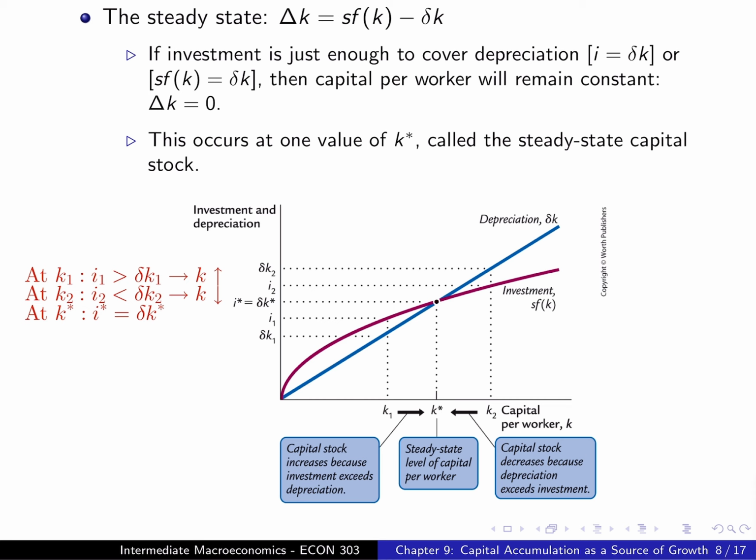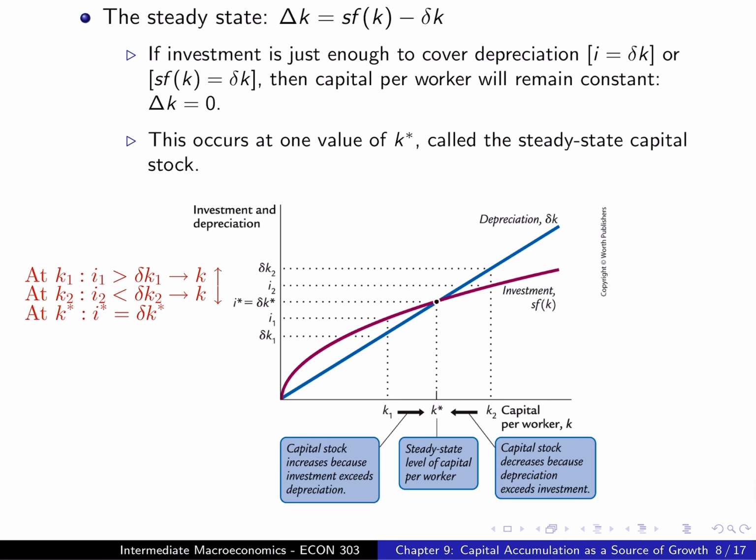Now, let's discuss how the Solow model predicts the economy behaves in the long run. The economy reaches a steady state when the capital stock per worker, k, no longer changes over time. This occurs when capital accumulation exactly offsets depreciation: Δk = 0.